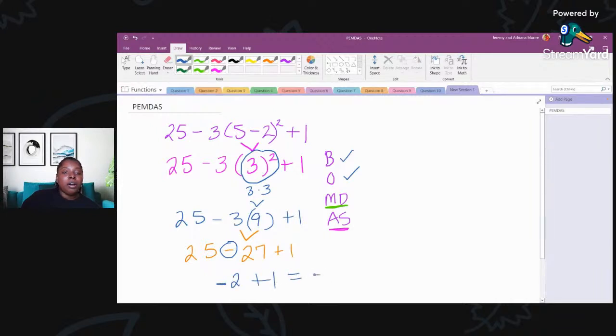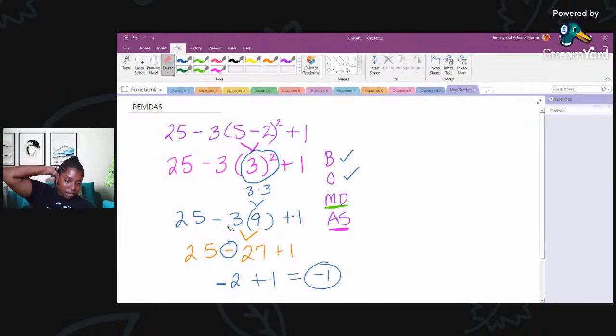If you are in 6th grade or below, you wouldn't have done negatives. If you haven't gotten to negatives yet, just pretend. Then you still would subtract first. So 28 minus 27, and then 1 plus 1 is 2. For anybody who hasn't gotten to negatives yet, don't worry.